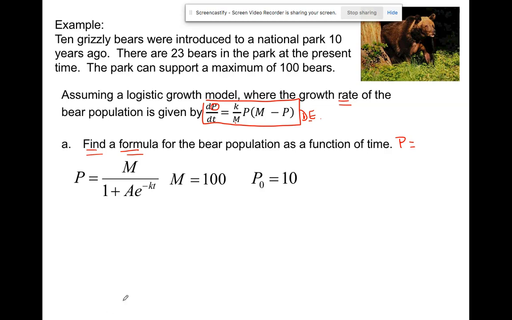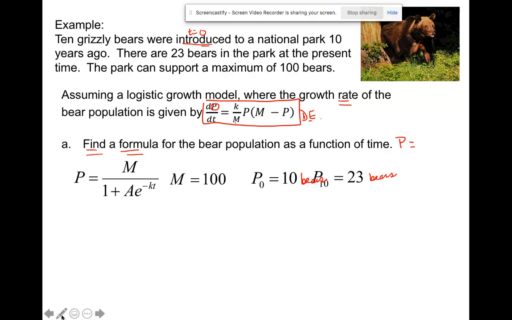Get the information out of the words: your initial population was 10 bears at whenever we decided to start the clock, right? When the bears were introduced. So that's time equals 0. There were 10 bears, and I also have another piece of information that after 10 years, there were 23 bears.